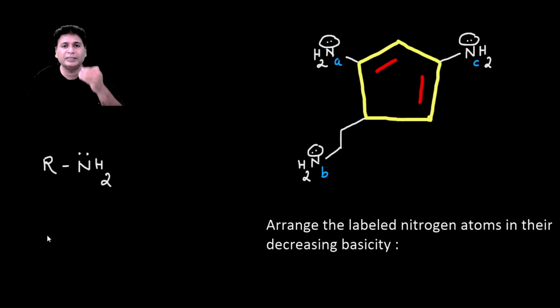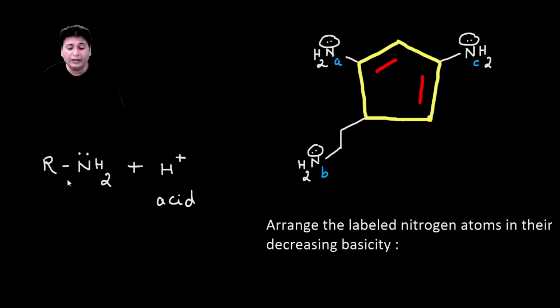When I say the basicity of this amine, what I mean is that you can react this amine with some proton donor. There is some proton source, and this proton source acts as an acid. On the other hand, this nitrogen, which has a lone pair, acts as a base. And how they react is basically a Lewis acid-base reaction.